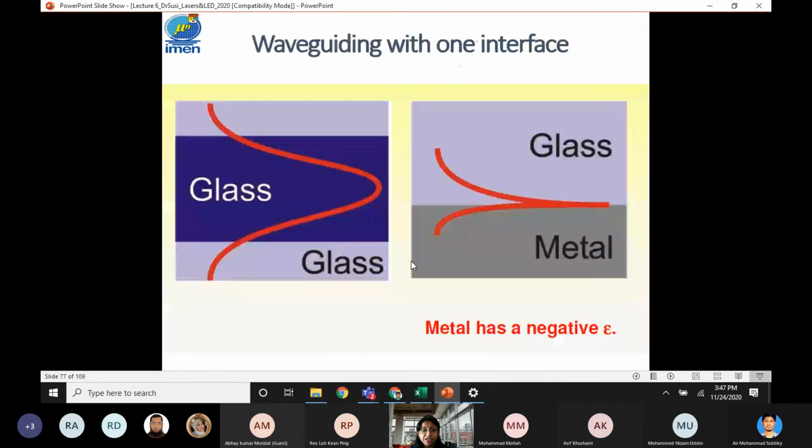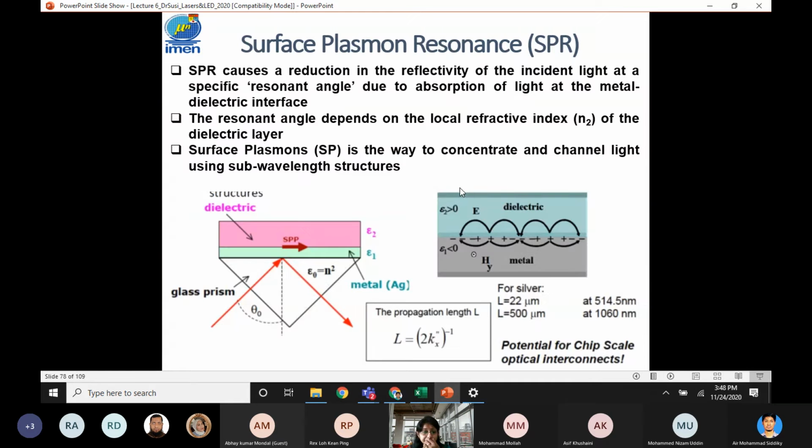Because you have total internal reflection, light remains inside the high refractive index. Whereas in a metal-dielectric layer, you have a negative dielectric constant for the metal, and so you have this interaction between the electrons in the metal layer and the dielectric, and a field, we call it the plasmon field, is formed.